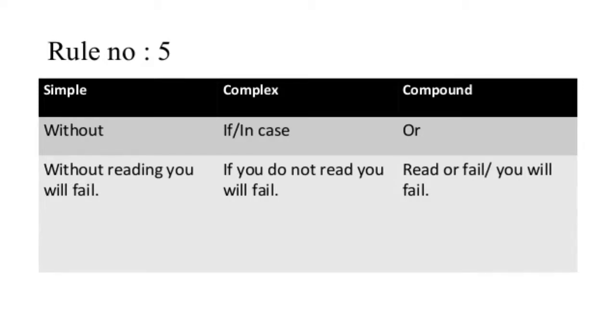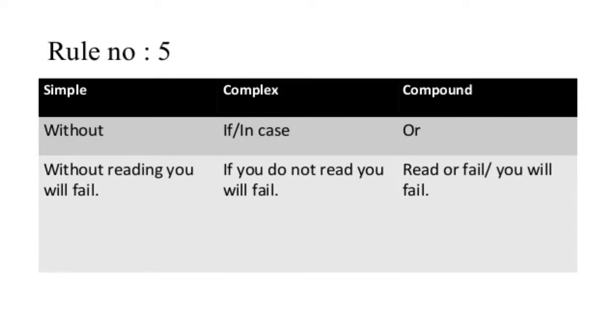Without reading, you will fail. This is a simple sentence. In compound, see here, read or you will fail. That is a compound sentence. In a complex sentence, we have to use the subordinating conjunction if or in case. Look at the sentence here.